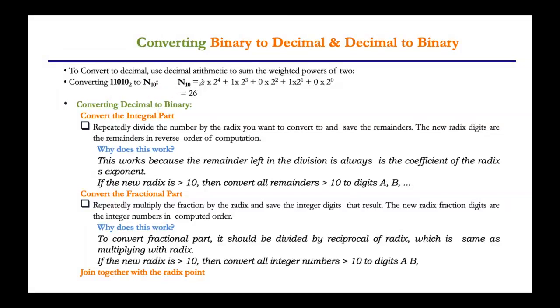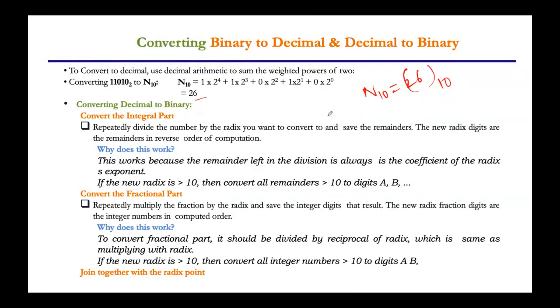The first bit is multiplied by 2 to the power of 4, the second bit by 2 to the power of 3, the third bit by 2 to the power of 2, and the next bit by 2 to the power of 1, and the result is 26. So we write this as 26 base 10.